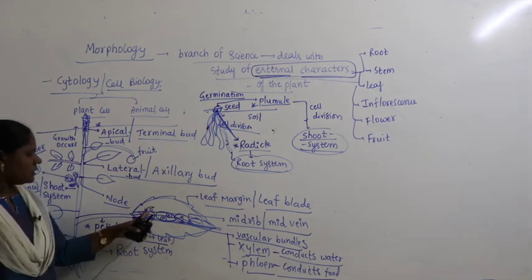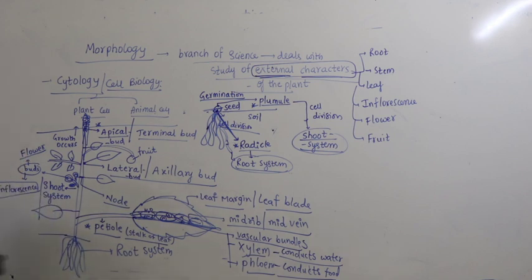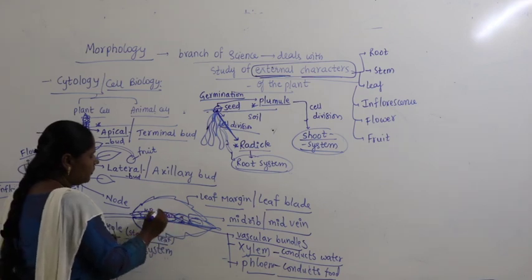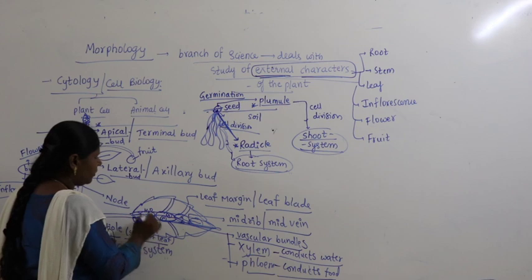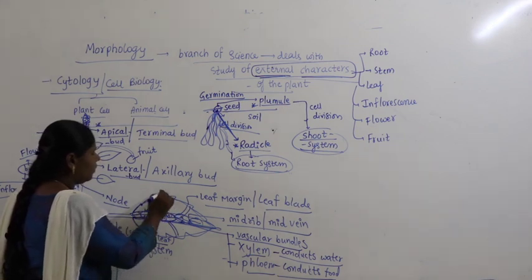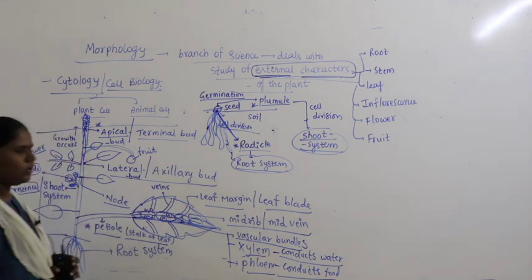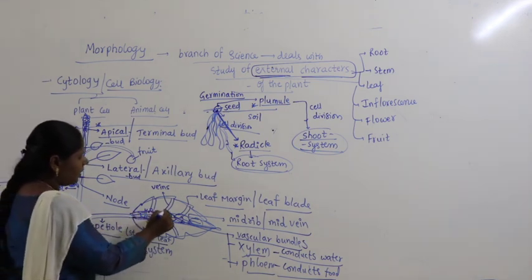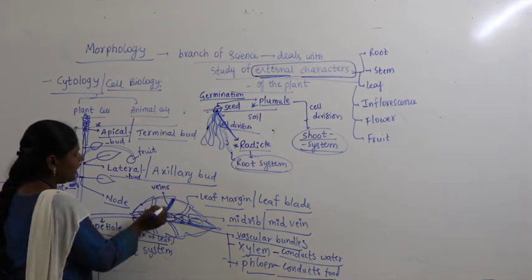They are called vascular bundles. Now this midrib further divides into many small subunits, and these are called veins. The midrib will bring the water and food and supply them to the veins.